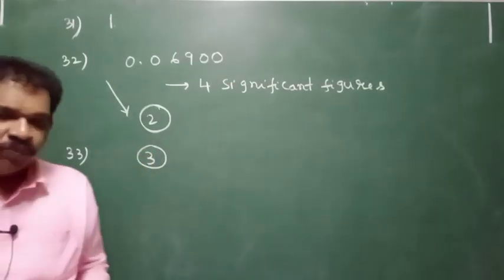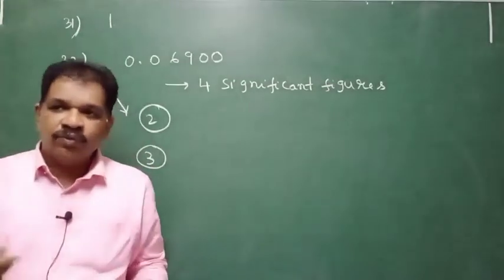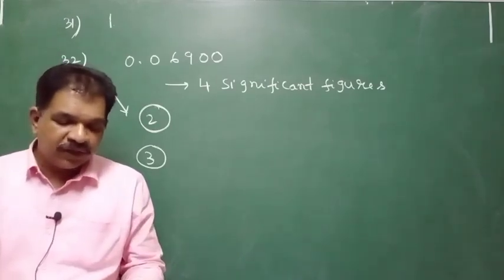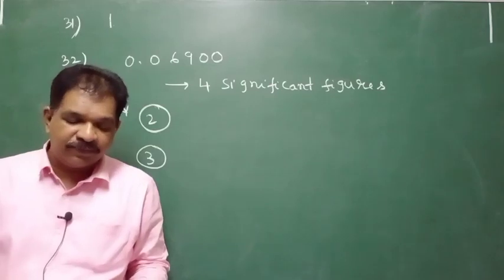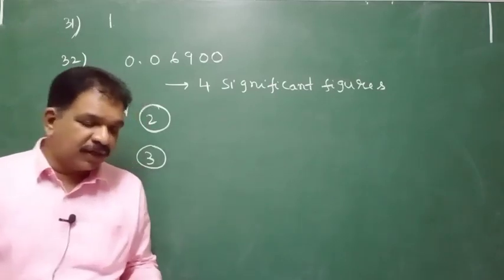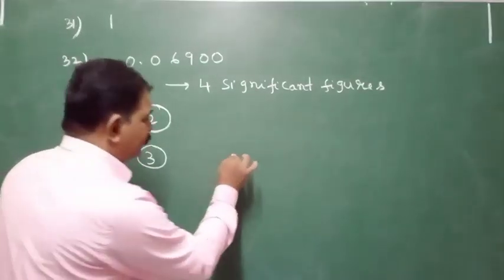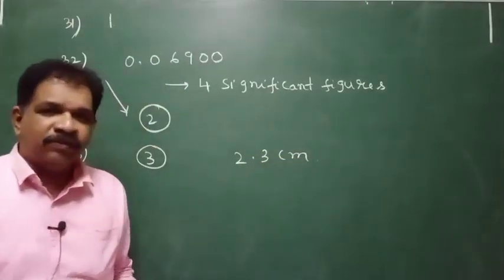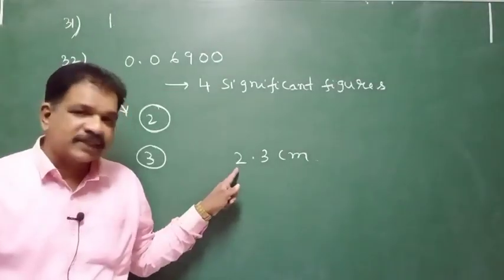Okay. So most accurate device, which one will give the most accurate values? Screw gauge. If you measure the length of an object by using the meter rod, what will we get? For example, that length is 2.3 centimeter by using meter scale.